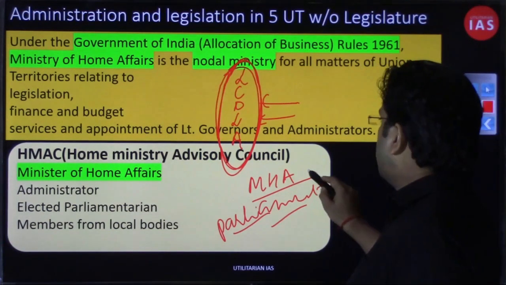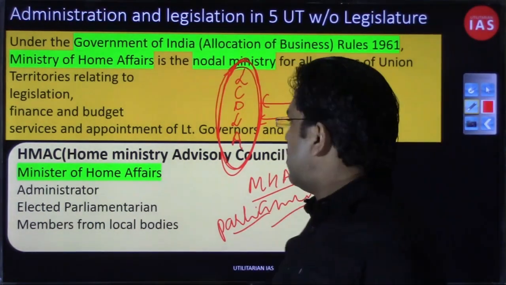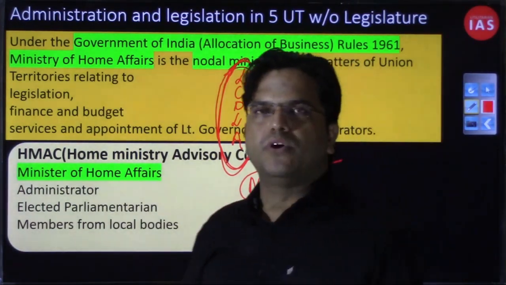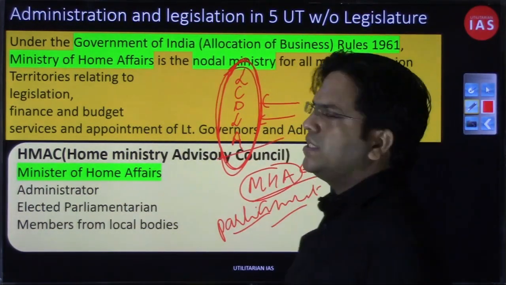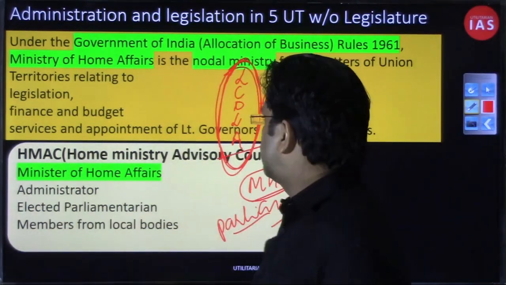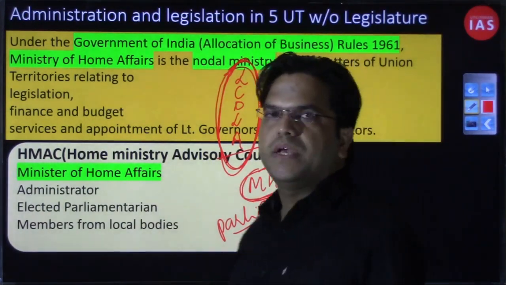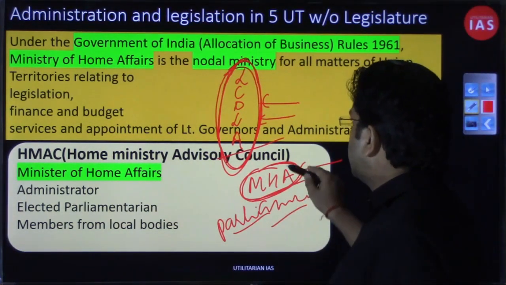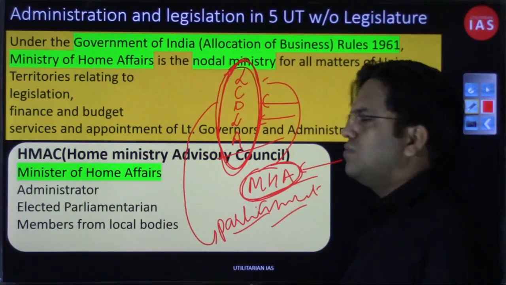Now, who is going to be the drafting body, or the nodal agency for the initiation of these legislations? The drafting body or nodal body for everything related to these 5 union territories is going to be the Ministry of Home Affairs. The Ministry of Home Affairs will initiate the drafting of any legislation in relation to these 5 union territories, and thereafter it will be introduced into Parliament.